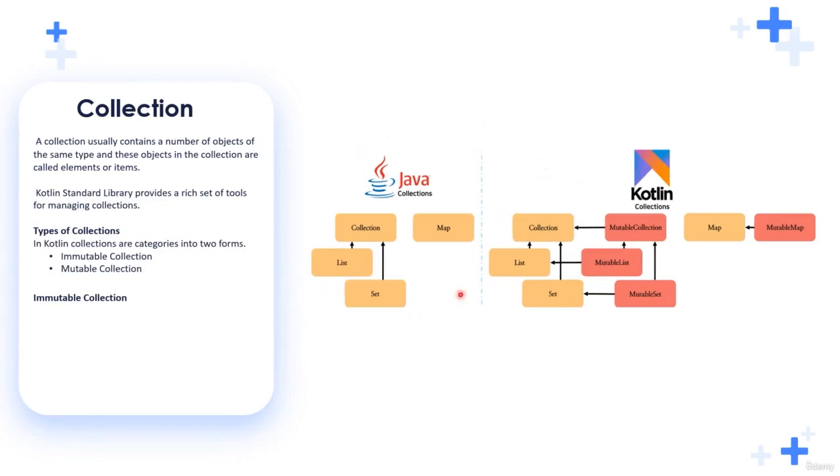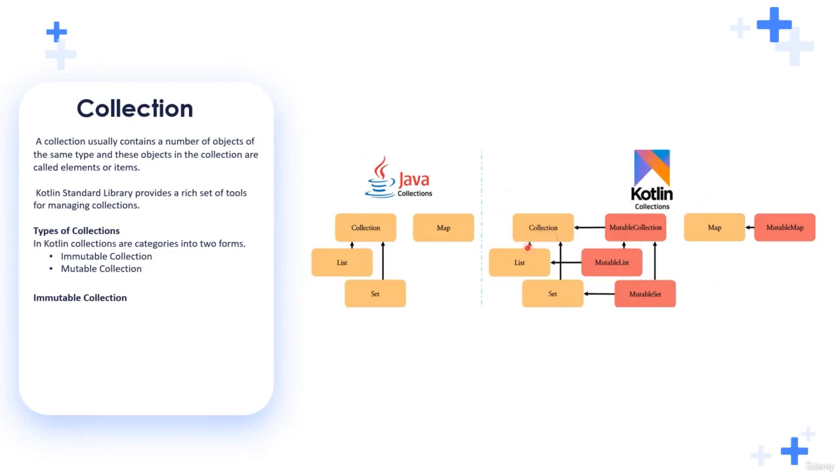If we look at this diagram, we have here the Java collections, the collection framework, the list, the set, and the map. This is the collection in Java. While in Kotlin, collections are in the collection interface here, or the abstractions here.